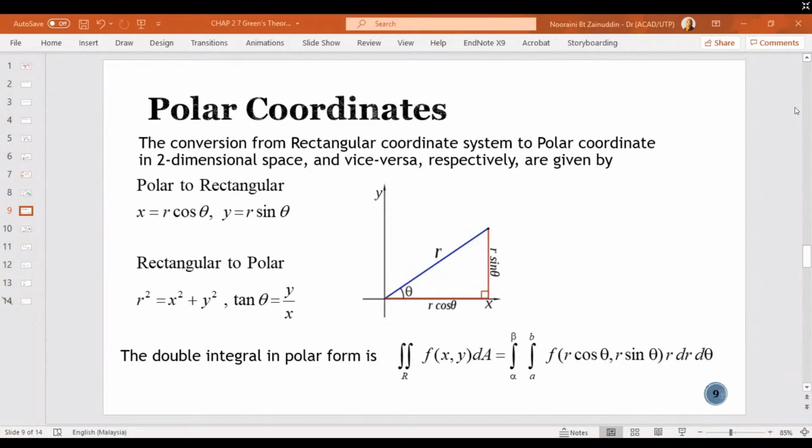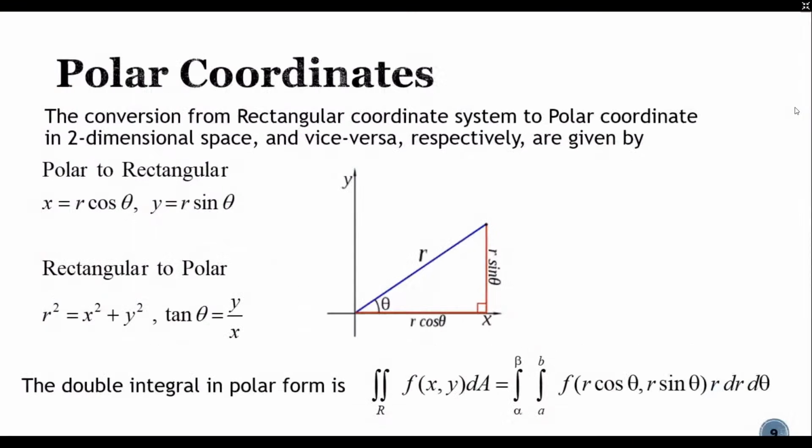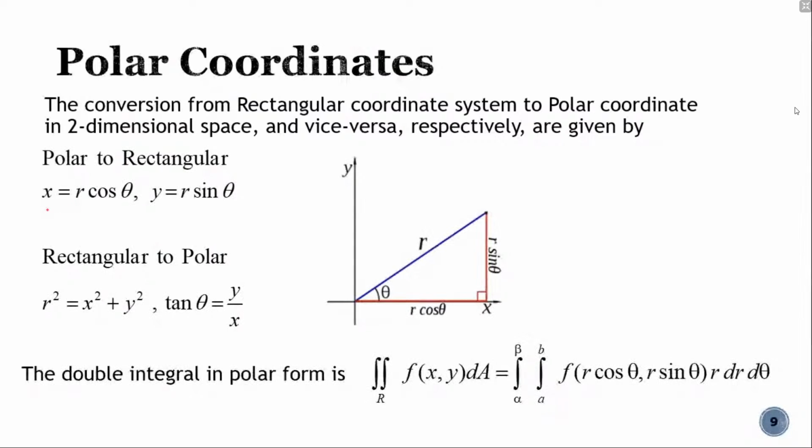Okay, this is where we change your coordinate system. Sometimes you need to change your coordinate system because your region cannot be translated into the variables easily. But we don't go deeper on that part. So I've already put here, x should be r cos theta, y should be r sin theta.